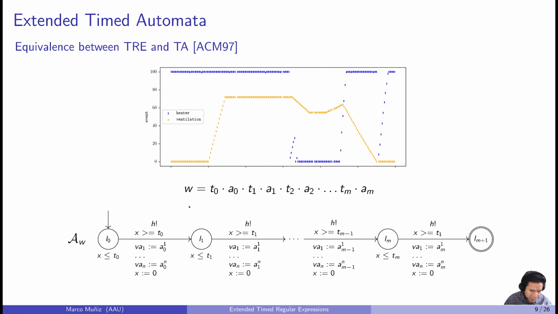In the automaton, we have a clock that is going to delay from 0 to t0, and then at point in time t0 is going to take this edge, right? So we do the delay, then we update the variables with the values of the events, and then we move to the next delay. And so on, we can do the delays and update the events, and this finite extended timed automaton encodes this word.